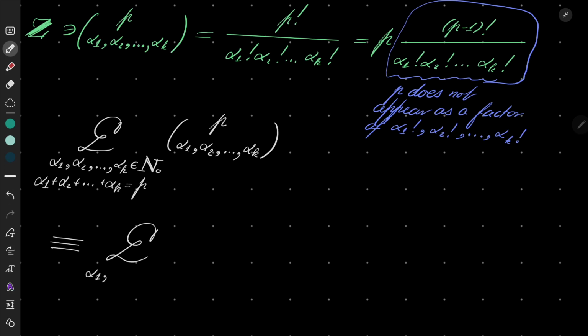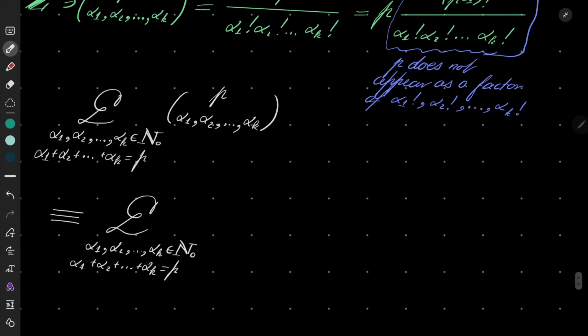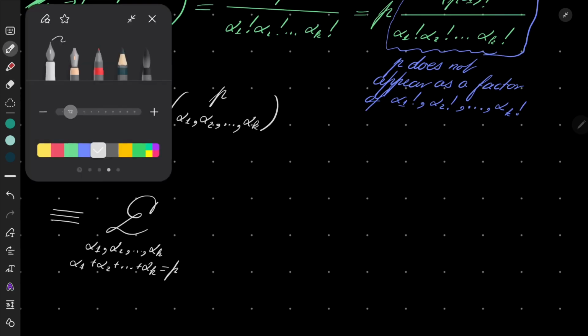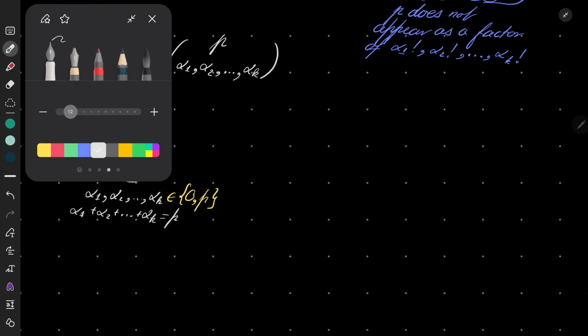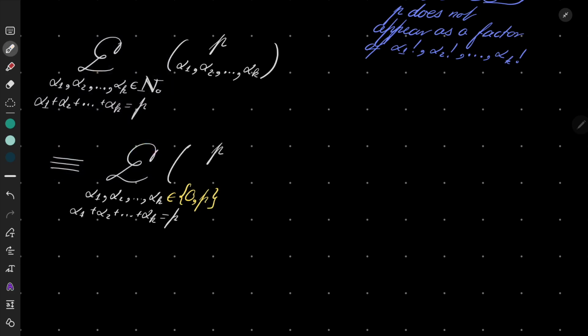We can just sum over all indices, which are either 0 or p. So we are not summing over natural numbers anymore, but over indices 0 or p, let's say.